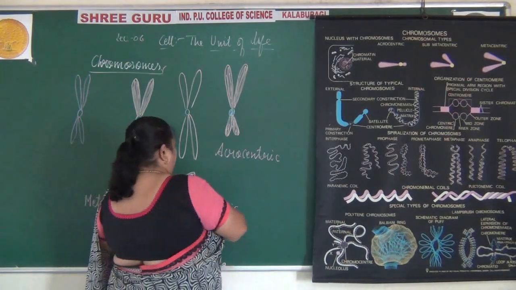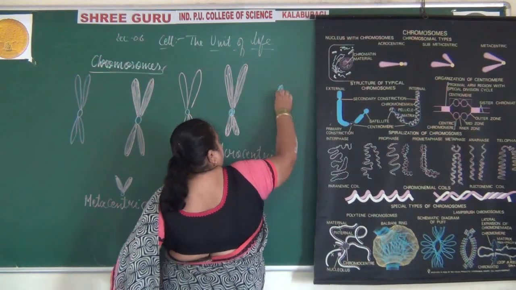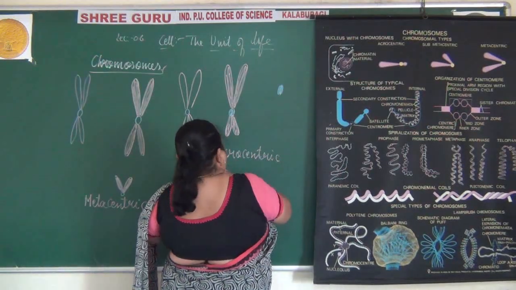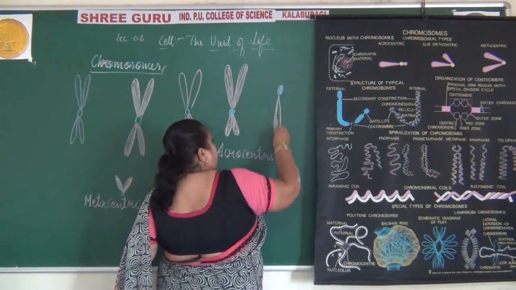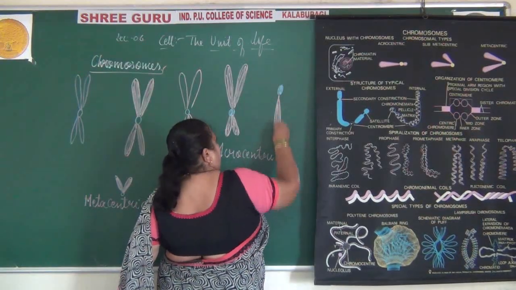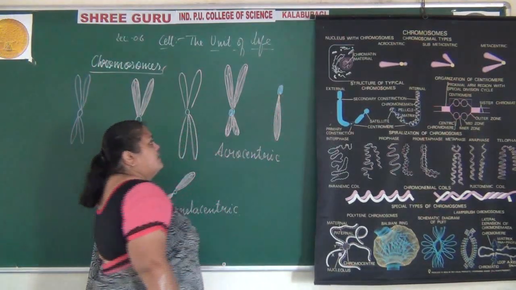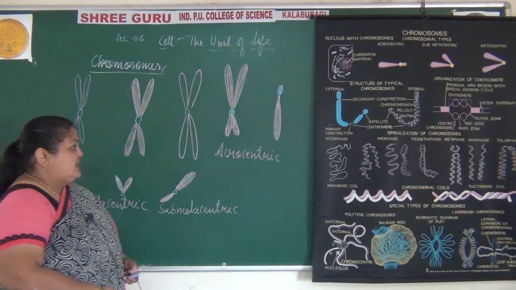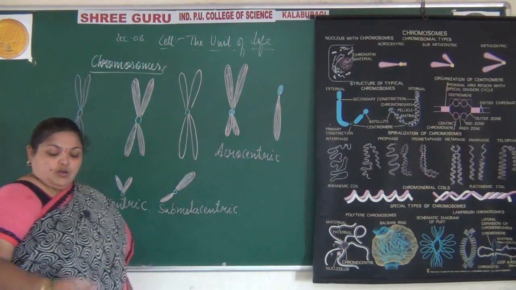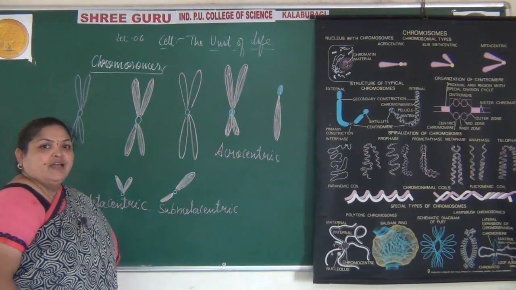While in some you will find that this is the centromere and this is the chromatid. In this type there is no chromatid on the other side, or there is an absence of an arm.